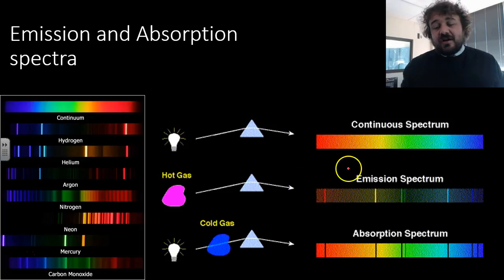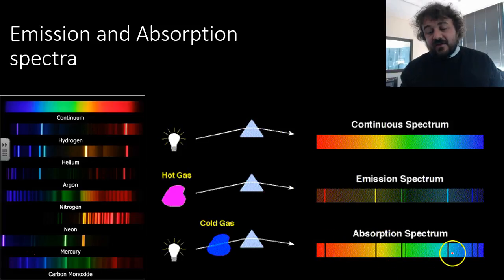So if we were to shine continuous light through an element that is a cold gas, it will absorb certain bands of light. It's the same gas here, right?